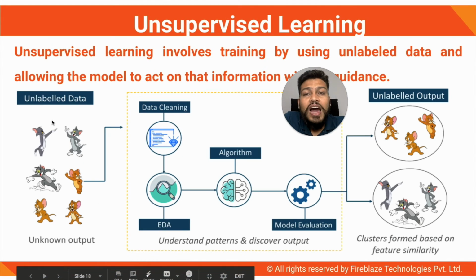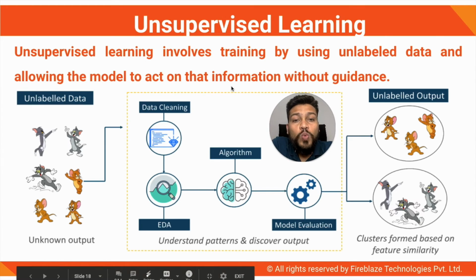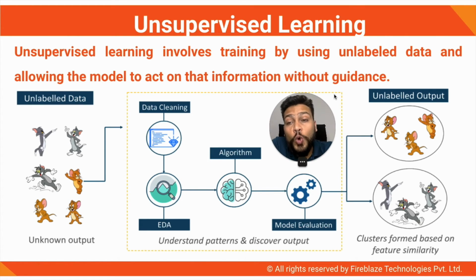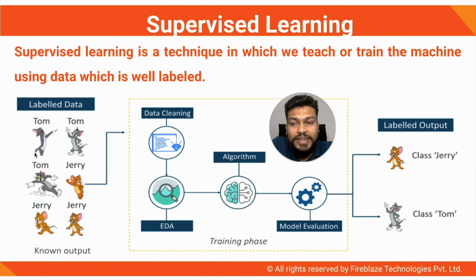Similarly, unsupervised machine learning algorithms would be something where the output is not known. Unsupervised learning involves training using unlabeled data and allowing the model to act on that information without guidance. If I move it back, in this image, above that image, Tom was written, so the data was labeled.